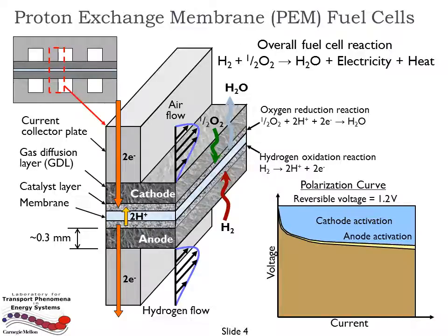As you go out to higher and higher currents, this becomes larger and larger. Anode activation is small compared to the cathode. Ohmic is the one that can start dominating at high currents. And then, of course, if you're close to the limiting current, you're going to have mass transfer.